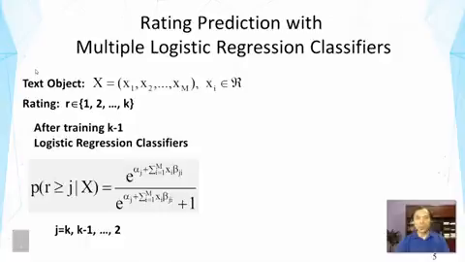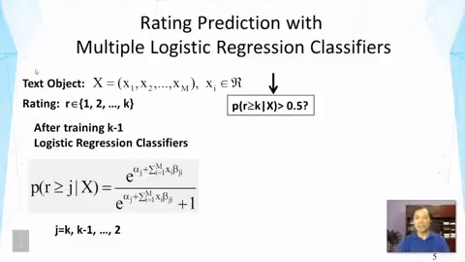So now with this approach, we can do rating prediction as follows. After we have trained these k minus 1 logistic regression classifiers, separately of course, we can take a new instance and then invoke the classifiers sequentially to make the decision. So first, let's look at the classifier that corresponds to the level of rating k.